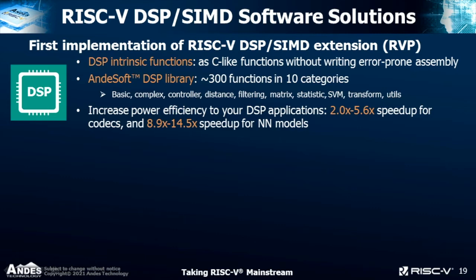The AndeSight DSP Library has about 300 functions in 10 categories, such as basic, complex, controller, distance, filtering, matrix, statistic, SVM, short for support vector machine, transform, and utils.